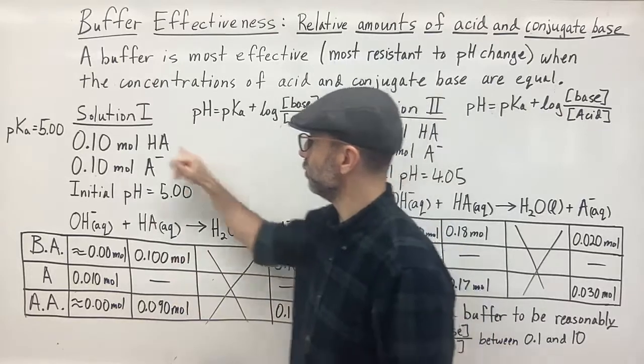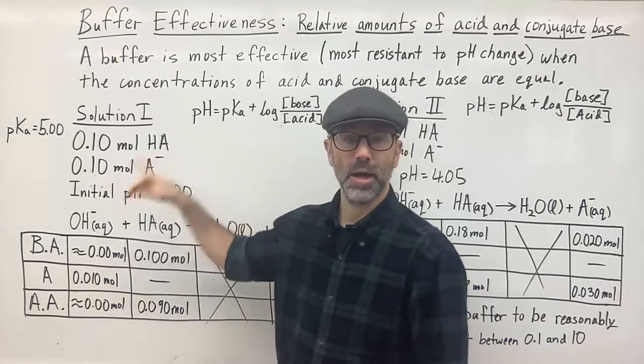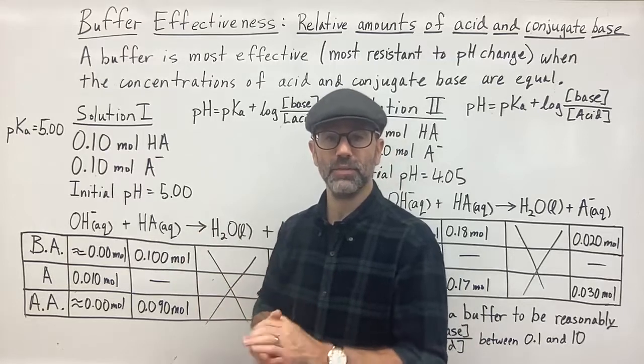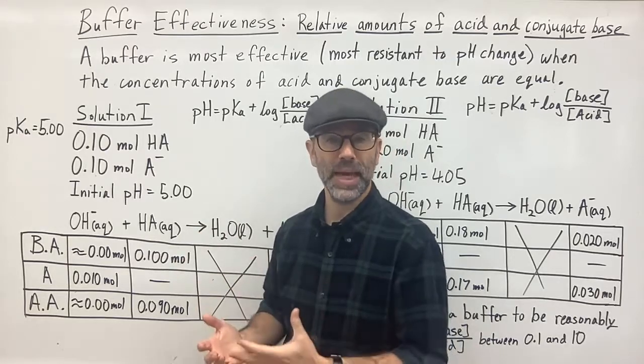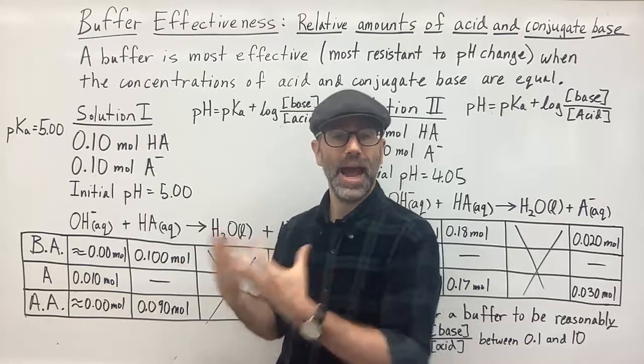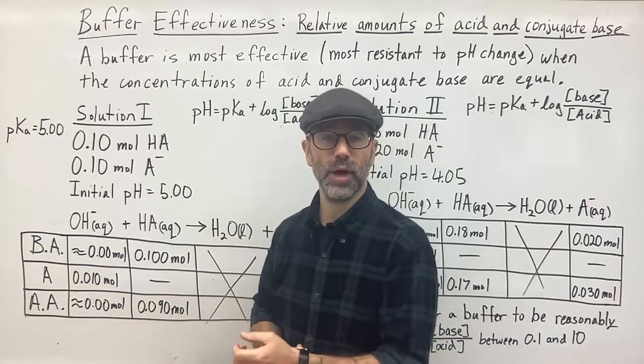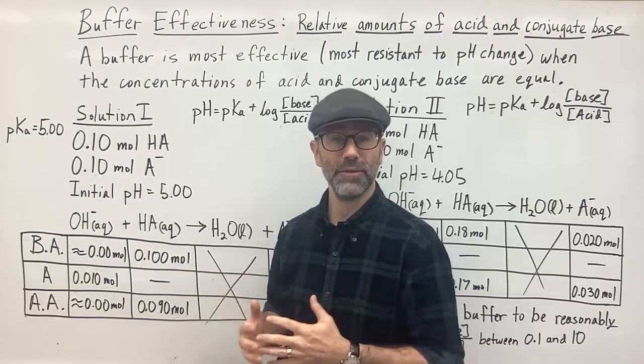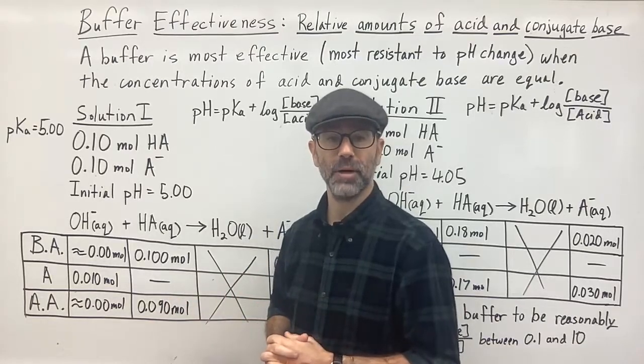In both of these cases, we're looking at the effectiveness of the buffer to resist pH change when you add an acid or a base. In this case, we're adding a base, and we're going to look at how that affects the pH of that buffer.